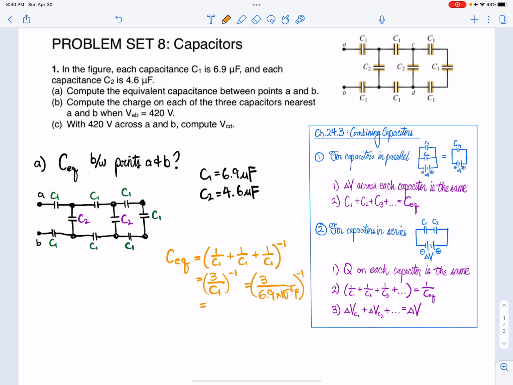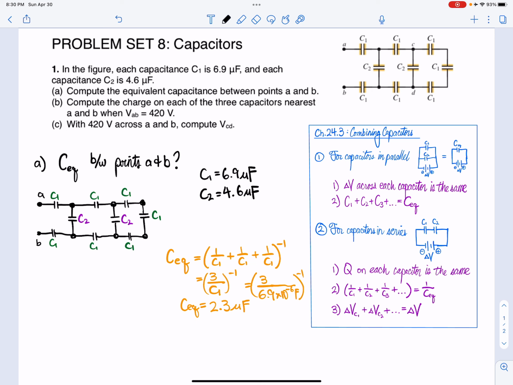And that's equal to my C equivalent, which is 2.3 microfarads, or 2.3 times 10 to the negative 6 farads. All right, so I will plug that in.